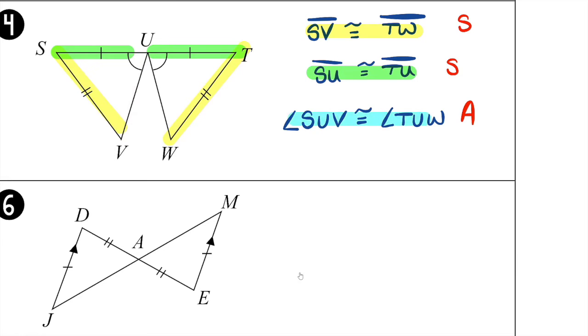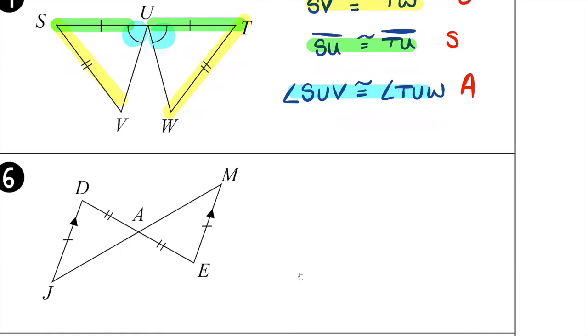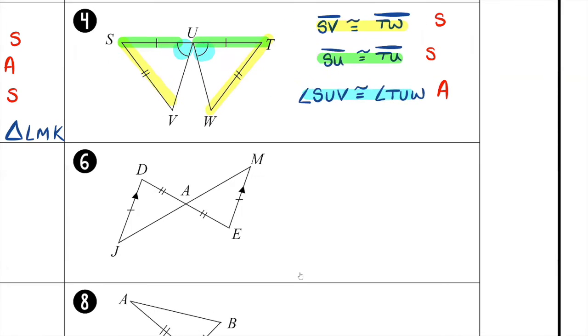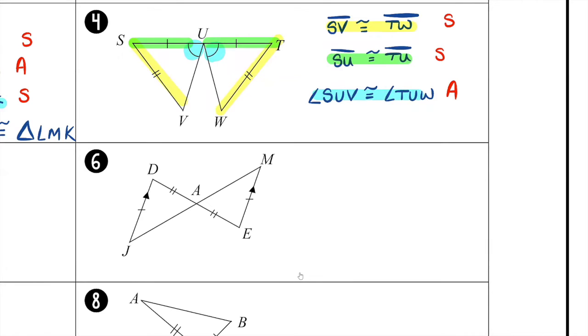So we got, there's our blue. So, are our triangles congruent? On what? Side angle side. What must be true about our angle for it to be side angle side? It's got to be where the two congruent sides come together. Is this angle where our two congruent sides come together?